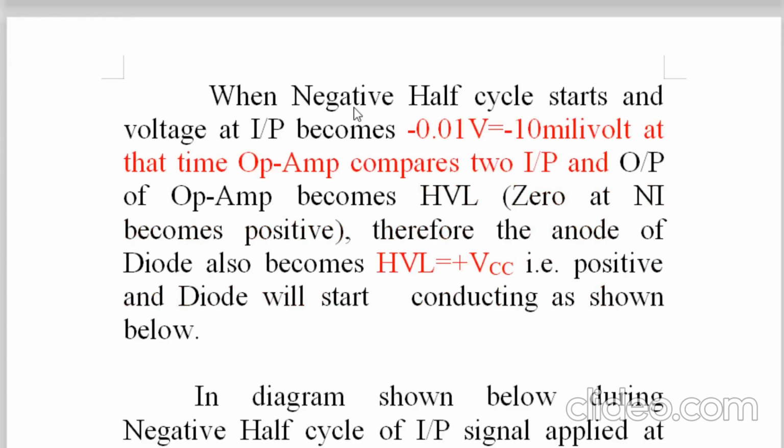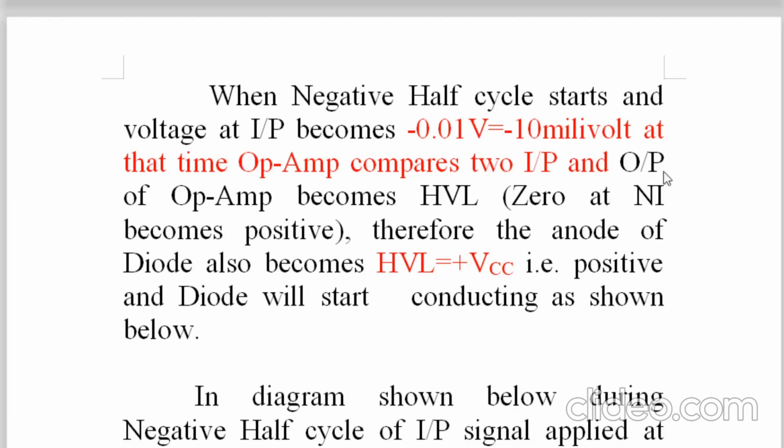When the negative half cycle starts and the voltage at input becomes minus 0.01 volt, equal to minus 10 millivolt, at that time the operational amplifier compares two inputs: minus 10 millivolt at inverting and 0 volt at non-inverting.